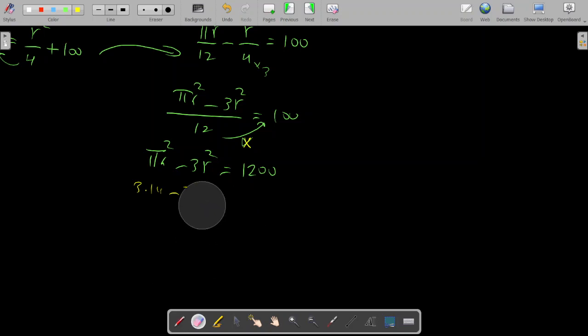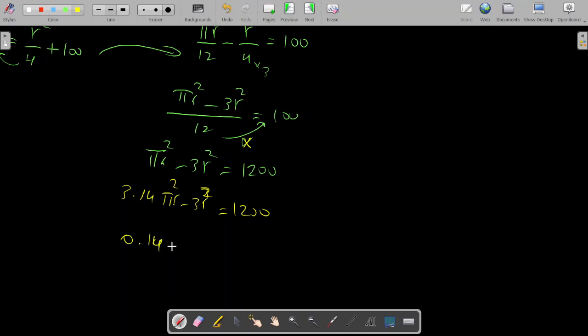So 3.14 minus 3, and don't forget the r squared, equal to 1200. So the 0.14 multiplied with r squared equal to 1200.